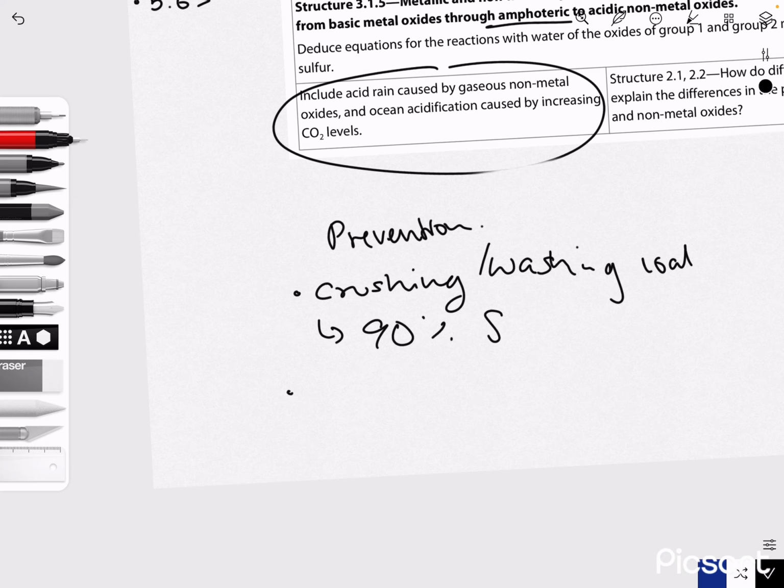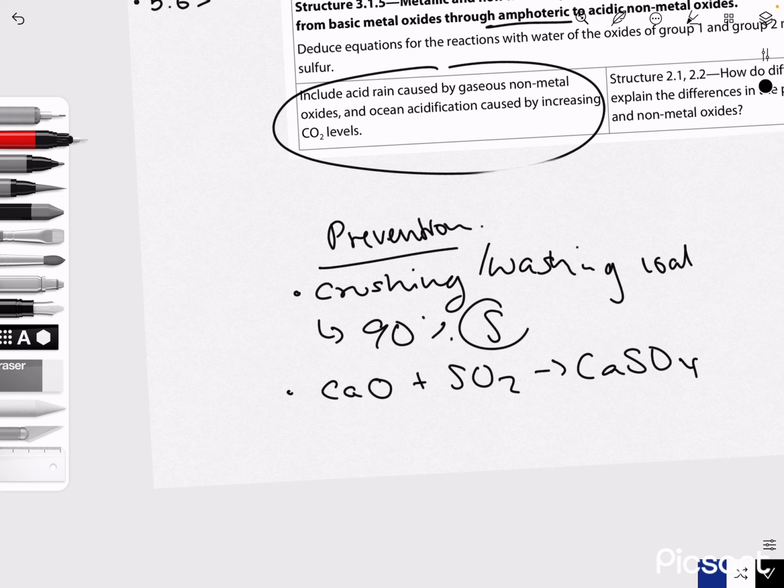And another way would be to add calcium oxide to sulfur dioxide. So you get yourself this right here, which will not be acidic.